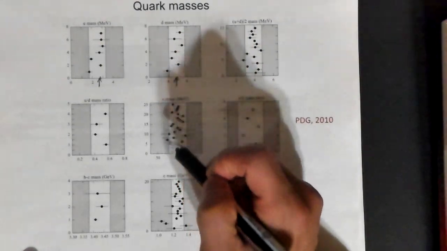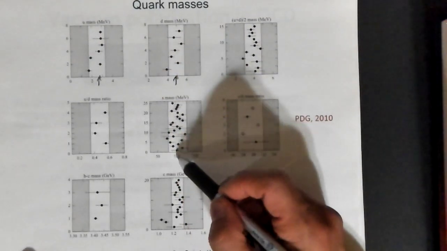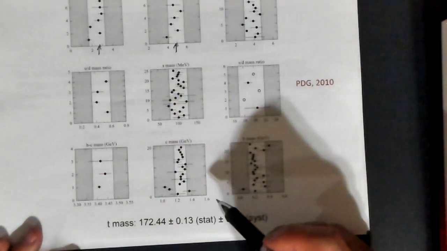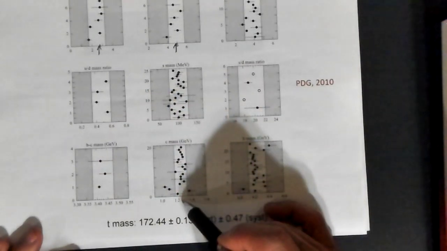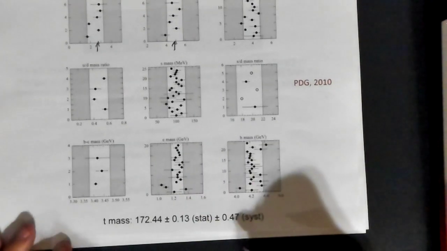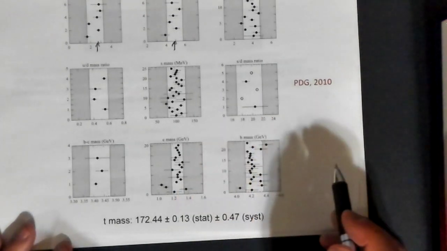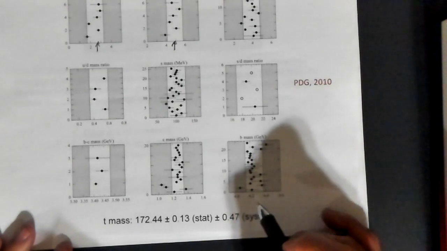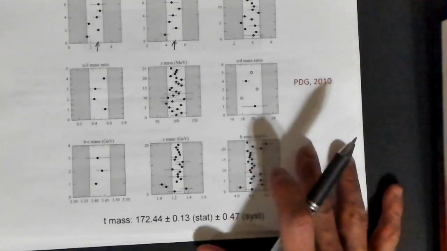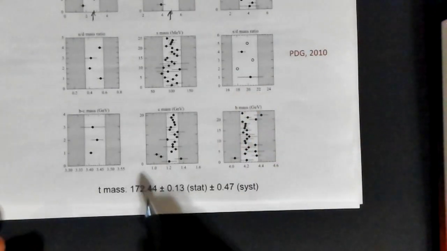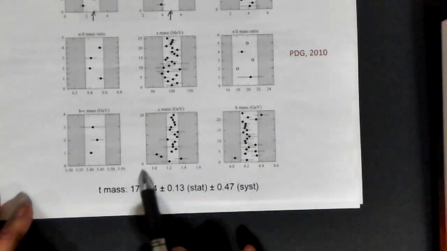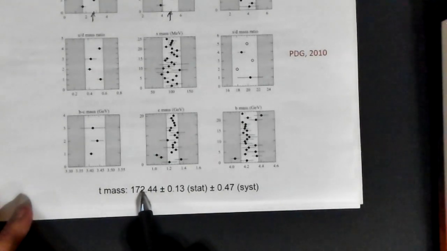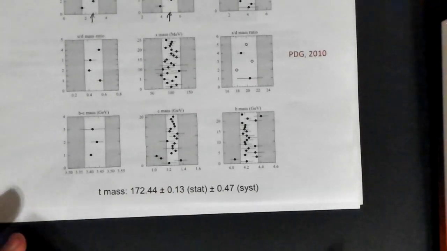Now the strange quark mass is about 100 MeV, and the charm quark mass is about 1,200 MeV, or 1.2 GeV, and the bottom quark mass is about 4.2 GeV, or 4,200 MeV. Now the top quark mass is much bigger than all the other quarks in mass, and it's about 172 gigaelectron volts.